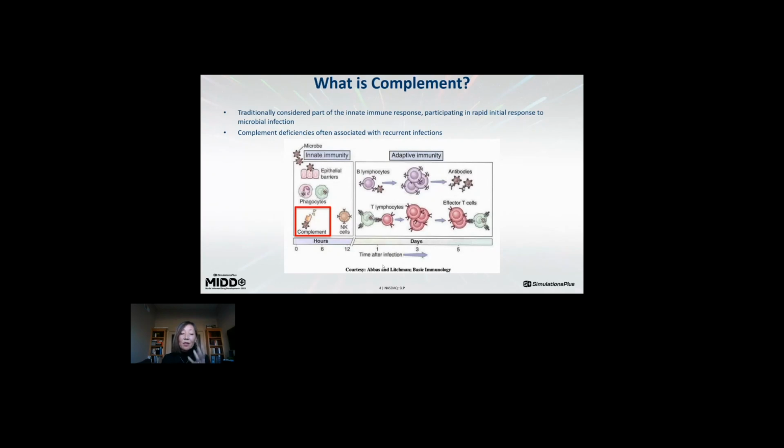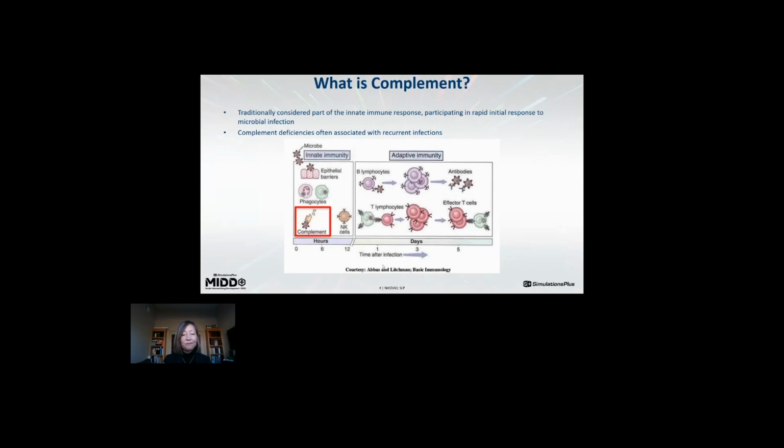Complement is shown here on the bottom left, and it actually represents multiple proteins and regulatory factors. The other thing I'll just comment on is that the immune response in general is easily depicted in all these different buckets, but it's really a spider web of interactions, and that plays out as we think about some of these more complicated diseases.